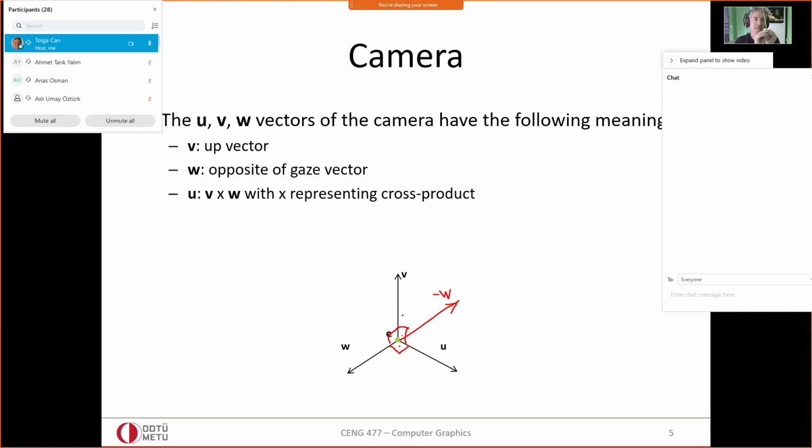If your gaze is straight ahead, no matter what direction it has, it may have some x and z components, and whether you're looking this way or that way doesn't matter. The up vector is always 0, 1, 0.